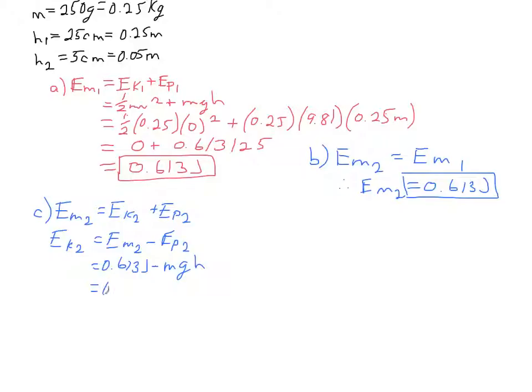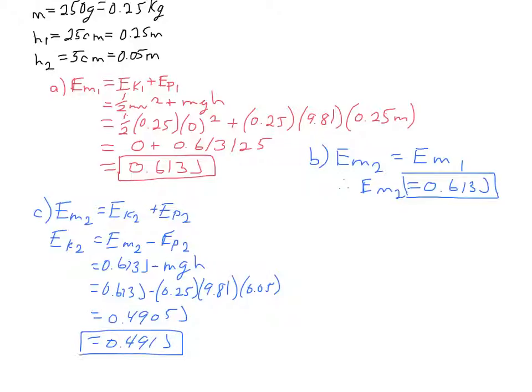So we have 0.613 joules minus 0.25 multiplied by 9.81 multiplied by our height, which at our second point is 0.05. That will give us an answer of 0.4905 joules, which in significant digits is 0.491 joules.